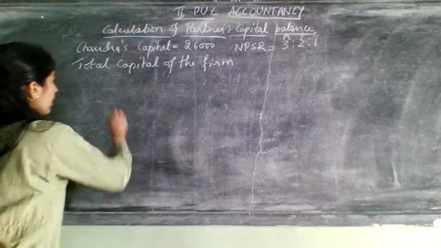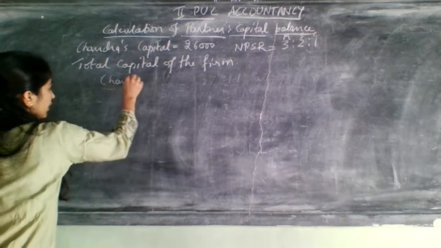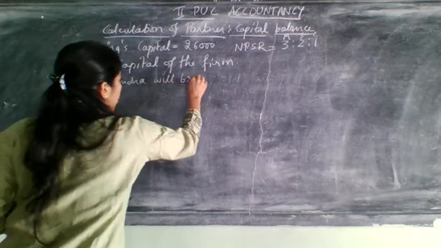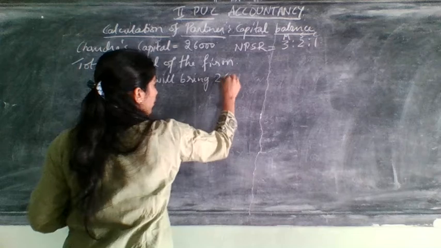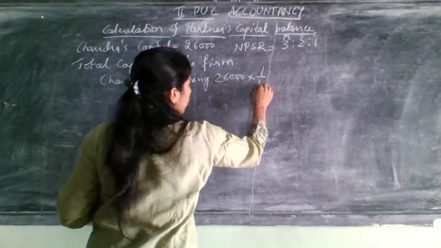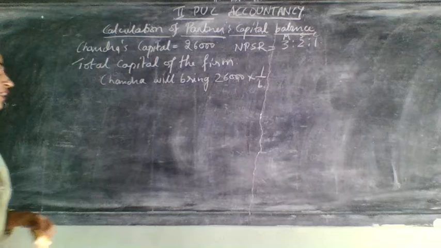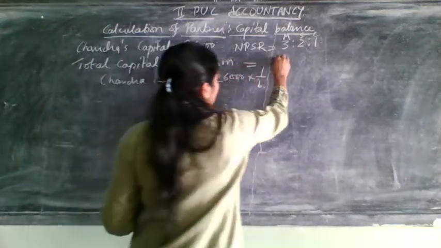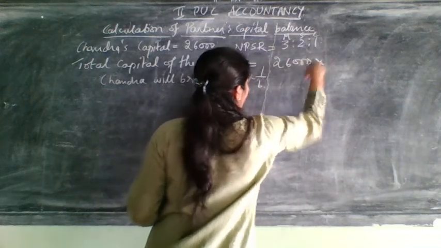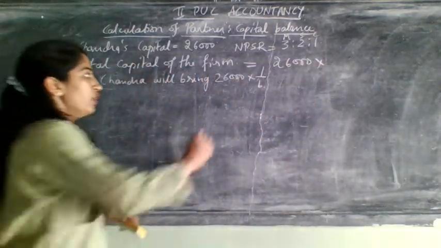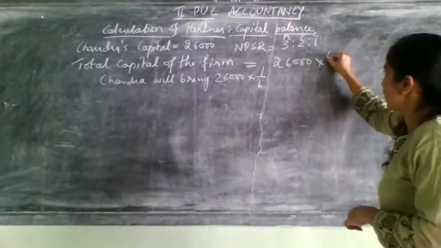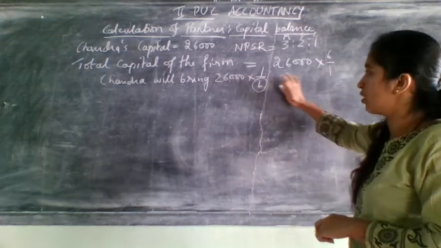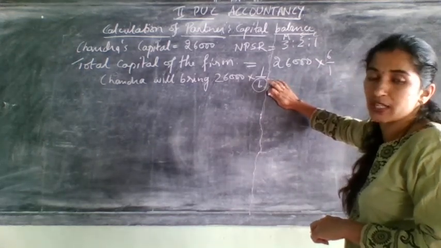See, Chandra will bring 26,000 for how much share? 1/6 share, correct? Now total capital of the firm will become how much? That 26,000 into, if you do this ulta, that is 6/1. That means all share of the firm is considered as 6.